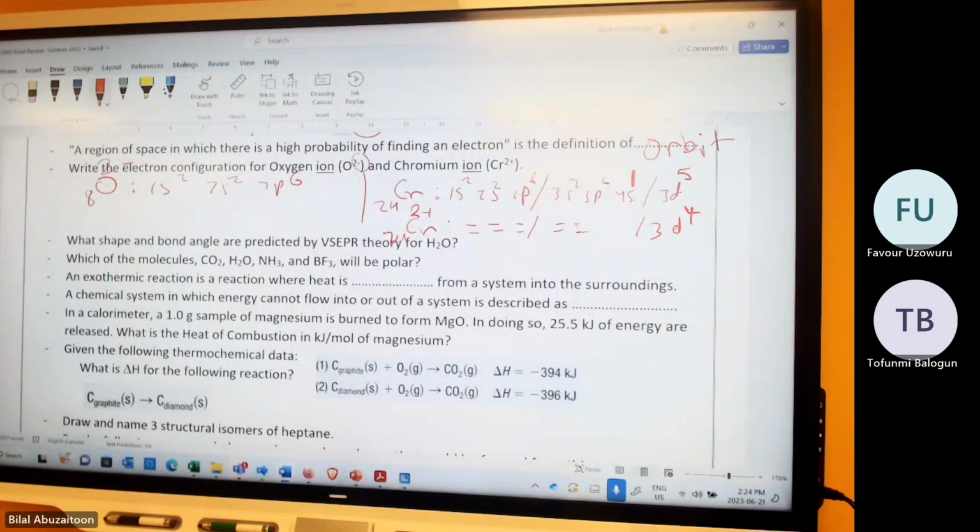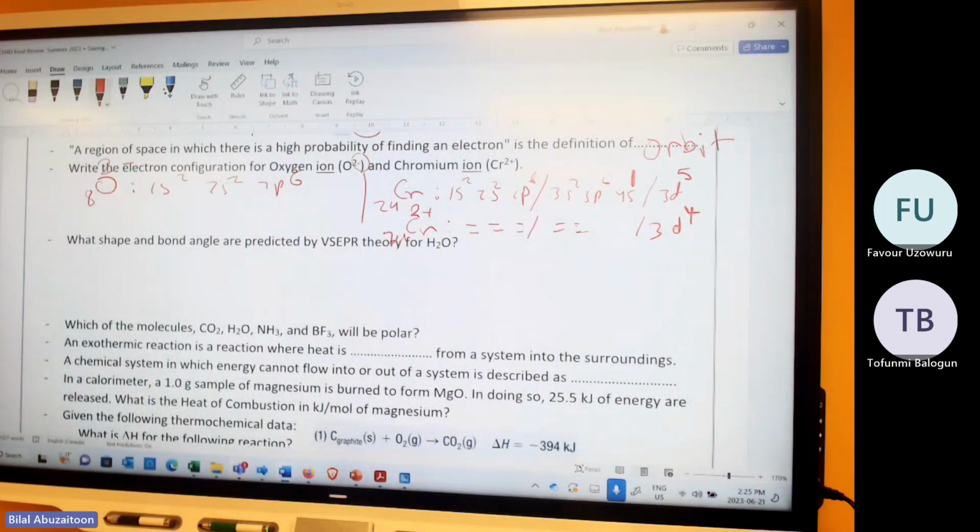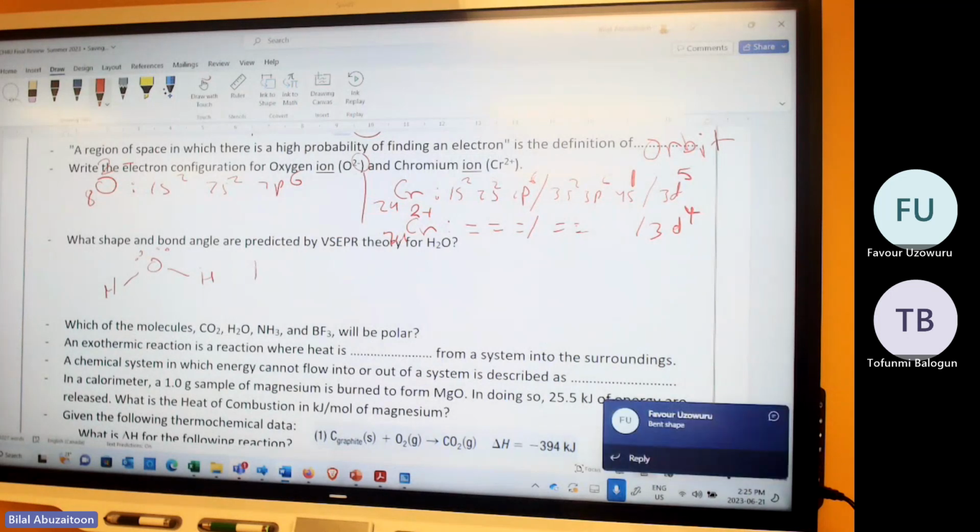Clear? What shape and bond angle are predicted by VSEPR theory for H2O? Shape and bond angle. Shape is what? Trigonal planar? Are you sure? It is bent.